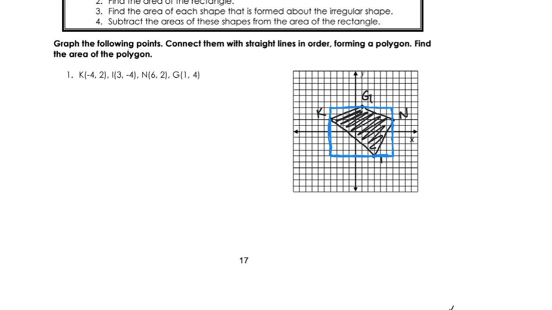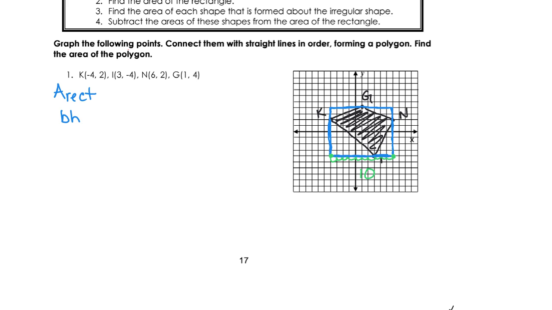All right. The cool thing is that we can find the area of that rectangle. So we're going to go ahead and say area of our rectangle. All right. Once we find the area of that rectangle, which is just base times height, and our base, let's go ahead and count, is from this corner to this corner. So that's 1, 2, 3, 4, 5, 6, 7, 8, 9, 10.